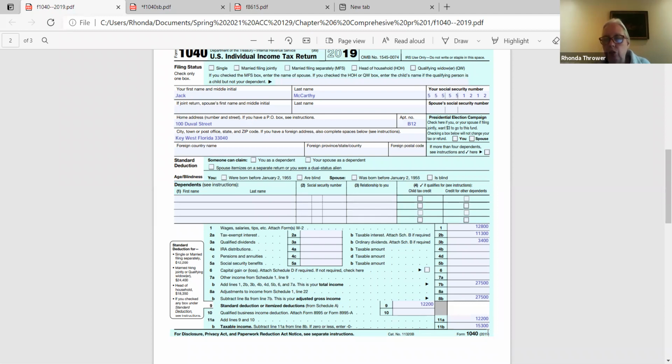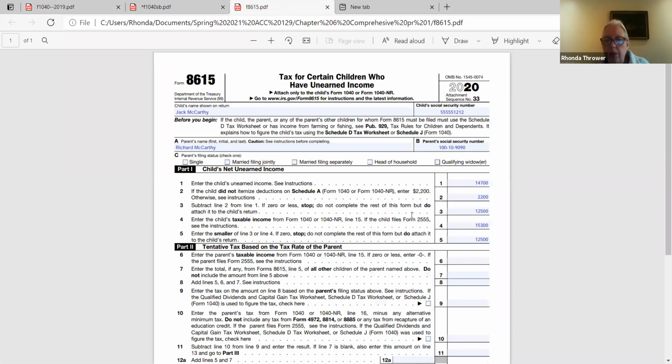If you're using the 2020 form, it's probably on a different line, but I've asked you to use the 2019 form. And so this 15,300 is the taxable income for this child. And that is entered on line 4 of Form 8615.